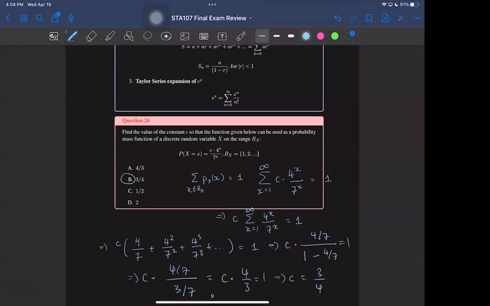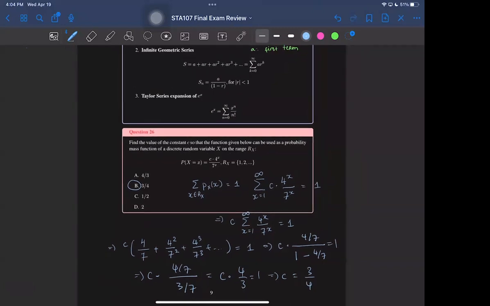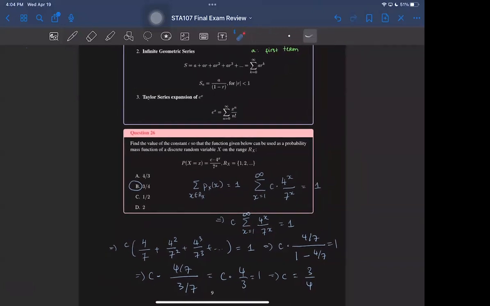So the student asked, it doesn't matter that the sum starts at 1? If you use this summation expression, then yes, it does matter. But if you just expand it out like this, then no. That's why I always expand out, so I don't have to deal with the index, because for a different index you might need to adjust the term inside here.